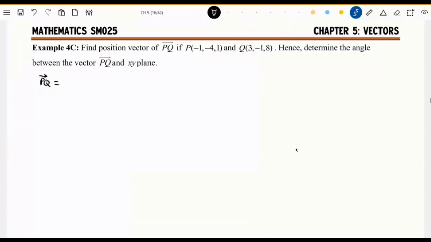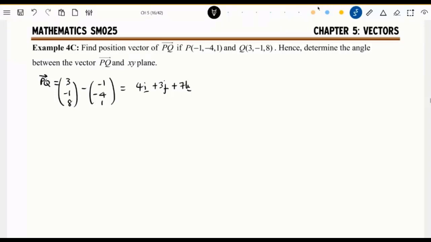Okay, so Q minus P, 3, -1, 8 minus -1, there should be -4 here, +1. So directly we have it 4i plus 3j minus 7k. Okay, so that's position vector.